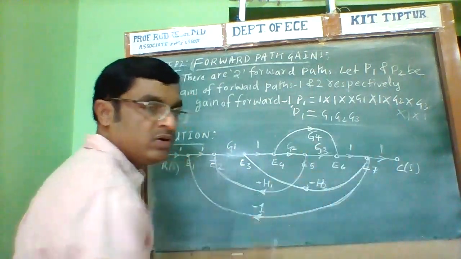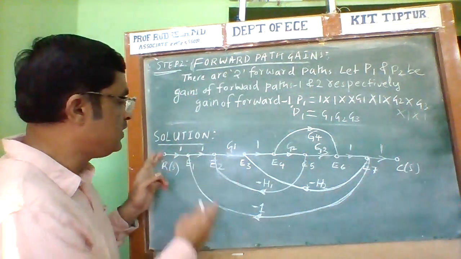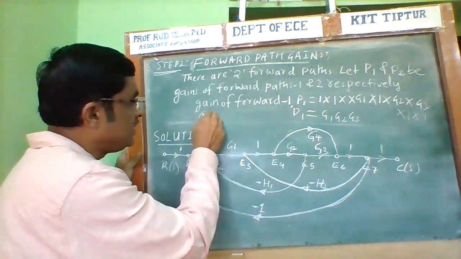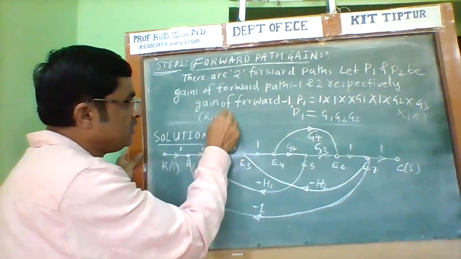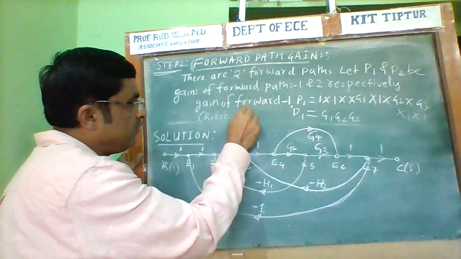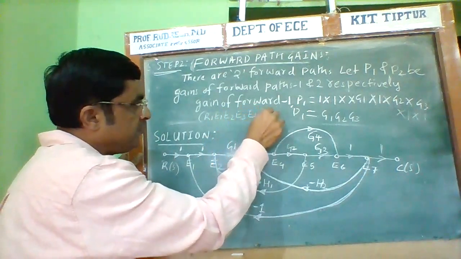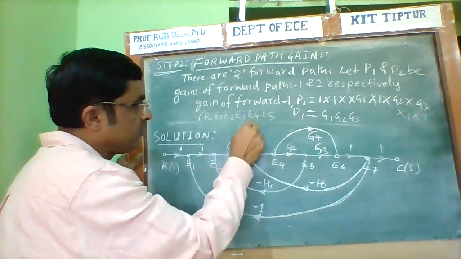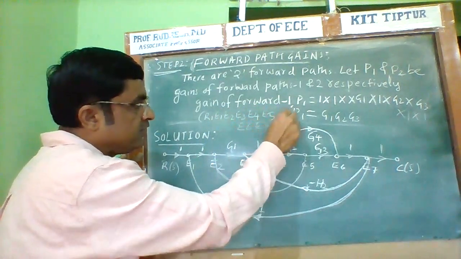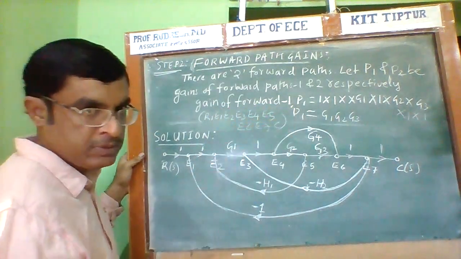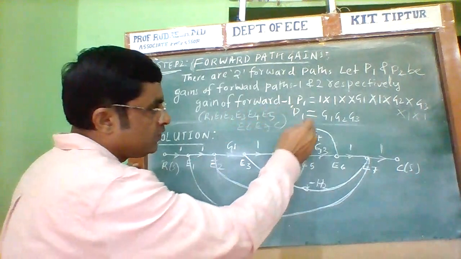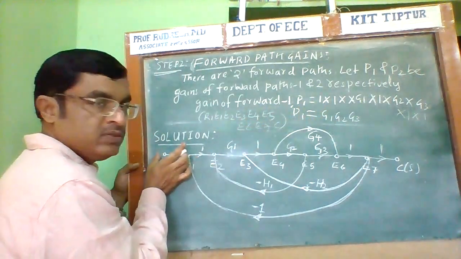This is the main forward path. For the second forward path, start from R, E1, E2, E3, E4, E5, E6, E7. This is the path of the second forward path.